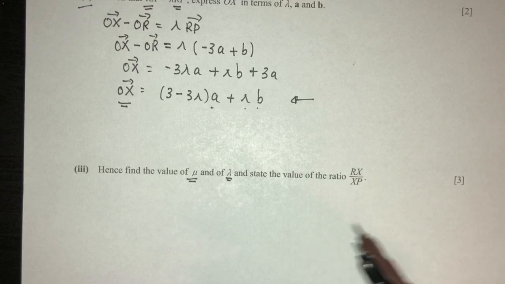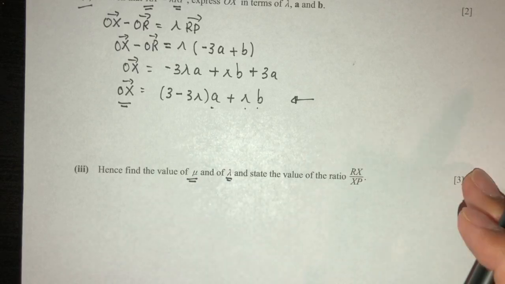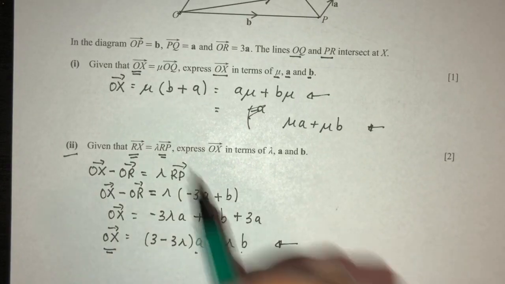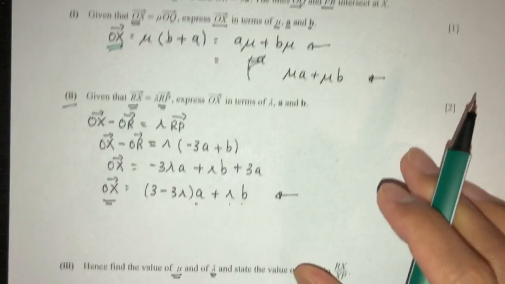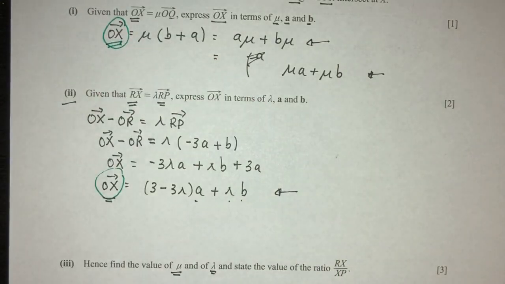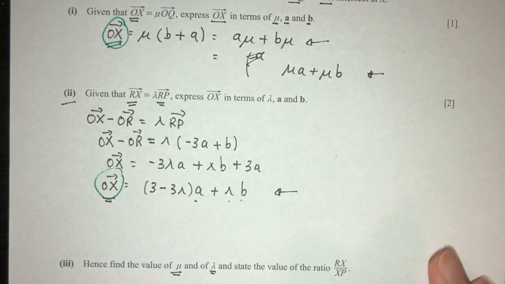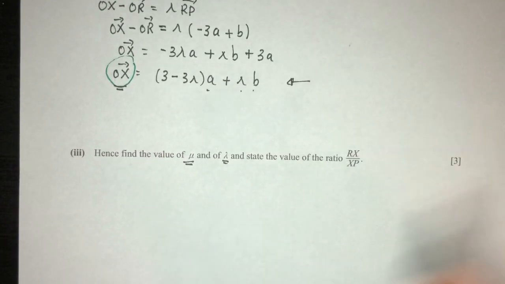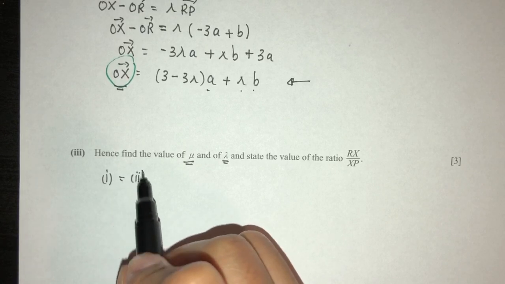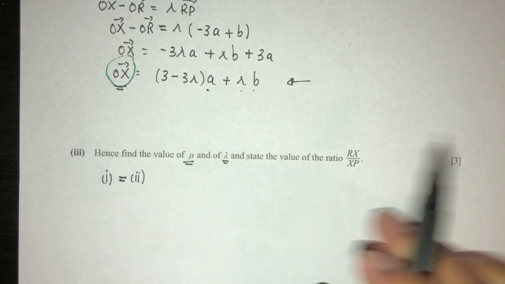Now part 3 is: hence find the value of mu and lambda, and state the value of this ratio. So first we have to find these two values. How can we find this? Observe that in the first part we have found the value of OX, and here also we have OX. So we can equate them and solve simultaneously to find the value of lambda and mu. Part 1 is equal to part 2, which means OX is equal to OX.